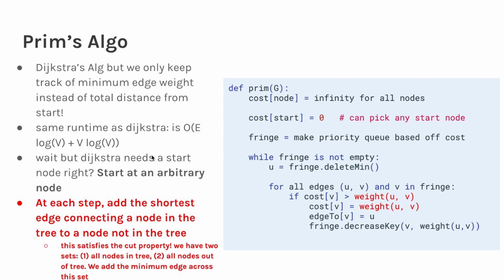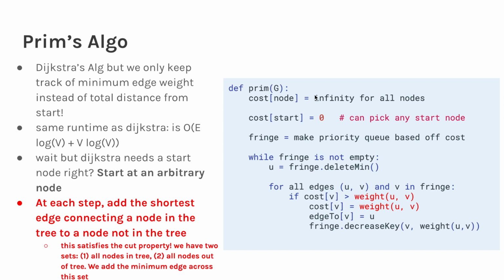And then here in red is the main crux of the new algorithm. At each step, we add the shortest edge connecting a node in the tree to a node not in the tree. And by the tree, we mean the minimum spanning tree we're constructing. So you can think Prim's: you start with a tree which is just the start node.